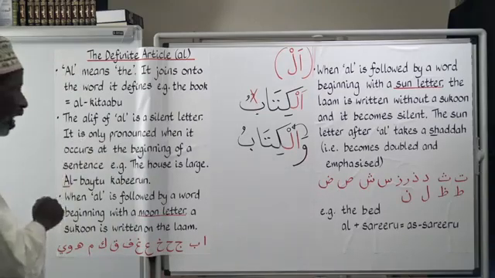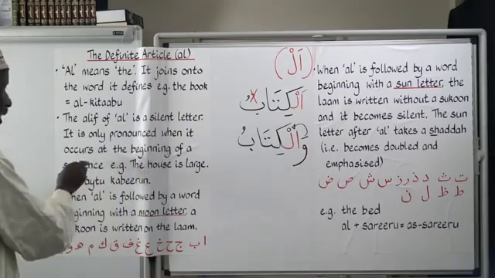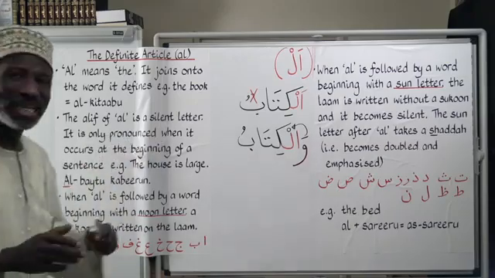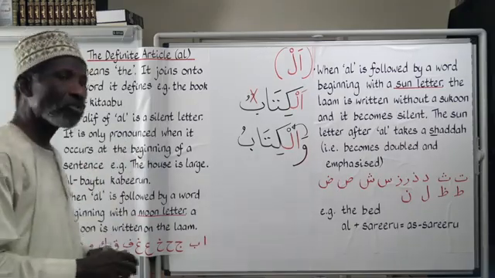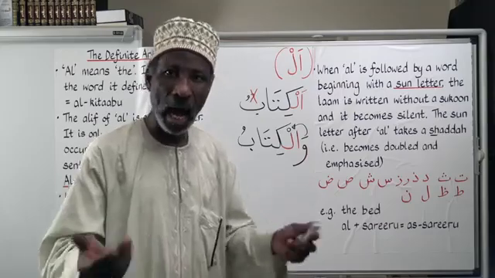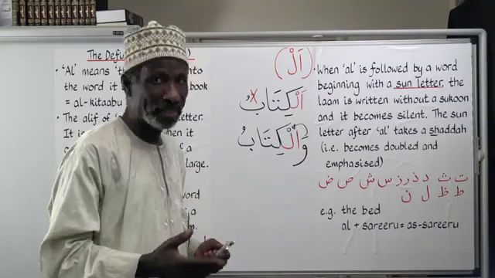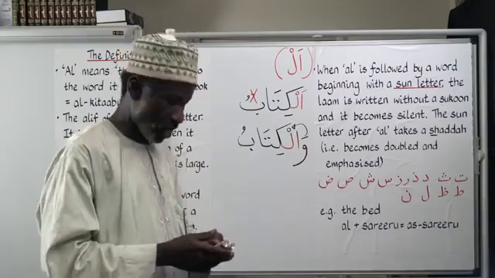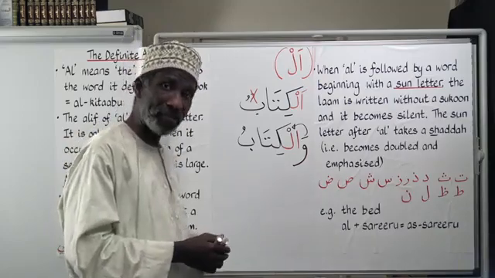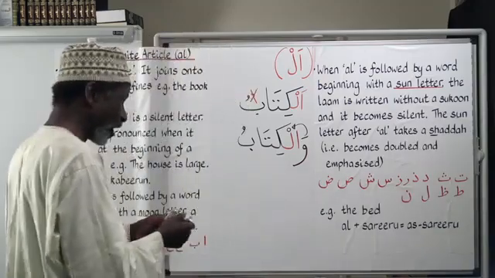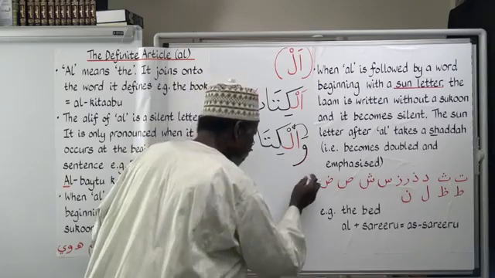It is only pronounced when it occurs at the beginning of a sentence, such as the house is large. Baytun is a house. If you have the definite article, you say al-baytu.